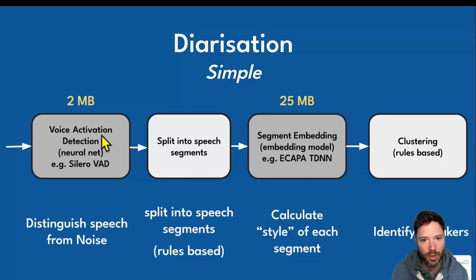But the basic approach is to just detect speech or non-speech for tiny windows and combine them using rules to identify speech segments. Then you take each segment and you convert it into a vector representing its style. So now you have a style vector for each of your segments, and you can cluster those to identify the number of speakers and then attribute each segment to a given speaker.